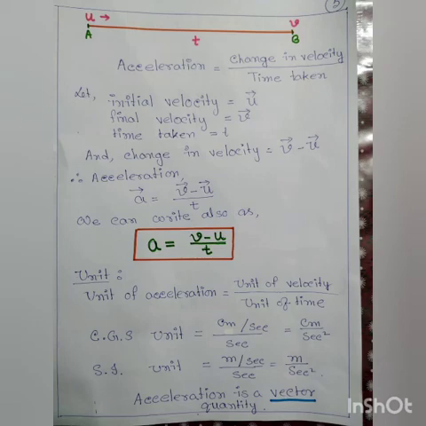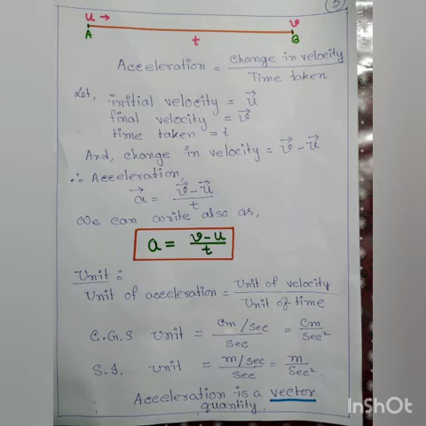Then the mathematical expression will be a equals v by t. But that does not mean we consider acceleration to be velocity by time. Remember it nicely. Acceleration is the rate of change in velocity, that is change in velocity by time, and it is a vector quantity.